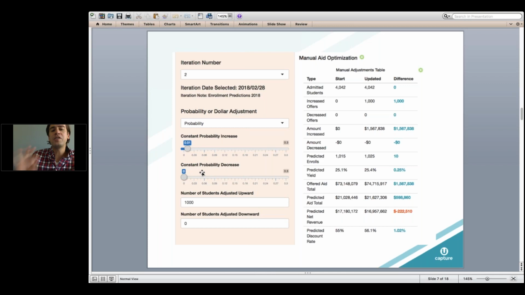And so once you've reached that amount that you want, then you can send out your aid offers, as well as send that amount back through to us, and we can give you an updated predicted net revenue and aid prediction. Does that answer? Yep. Okay.